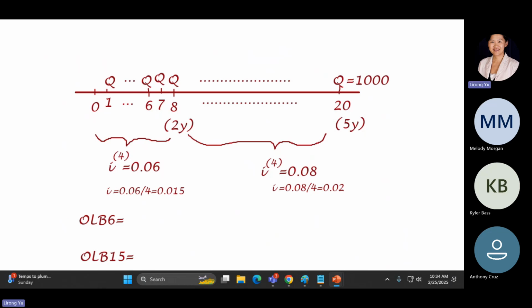Okay, so how do we exactly calculate it? We want to find OB6 here. And again, this will be the situation. It's very clear how much payment is coming in the future, but not so clear about the loan balance. In this question, the loan balance is not given. If you want to calculate the loan balance, you have to calculate all the future values and determine their time 0 value.